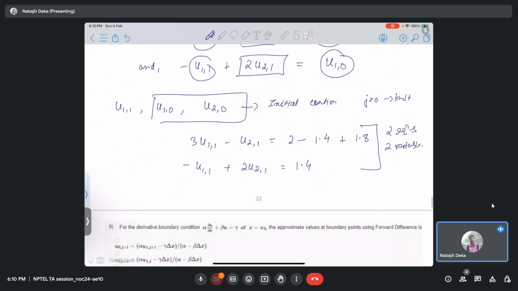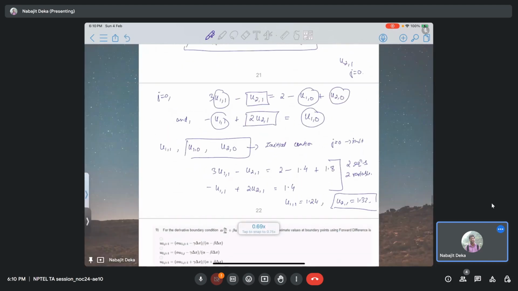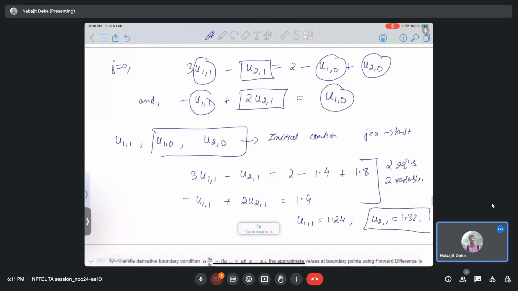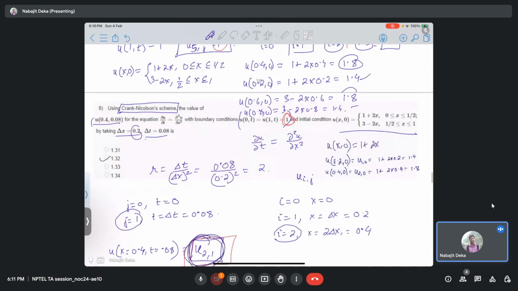From there you can find u1 comma 1 as 1.24 if we solve this, and u2 comma 1 will come as 1.32. So this is the value that is required. I may have made some calculation mistake, but that's the approach you have to take. So option B is actually the correct answer.